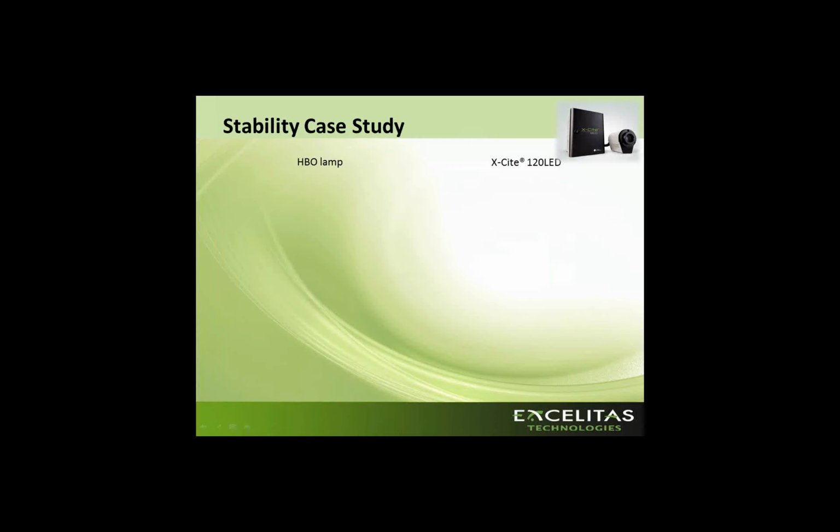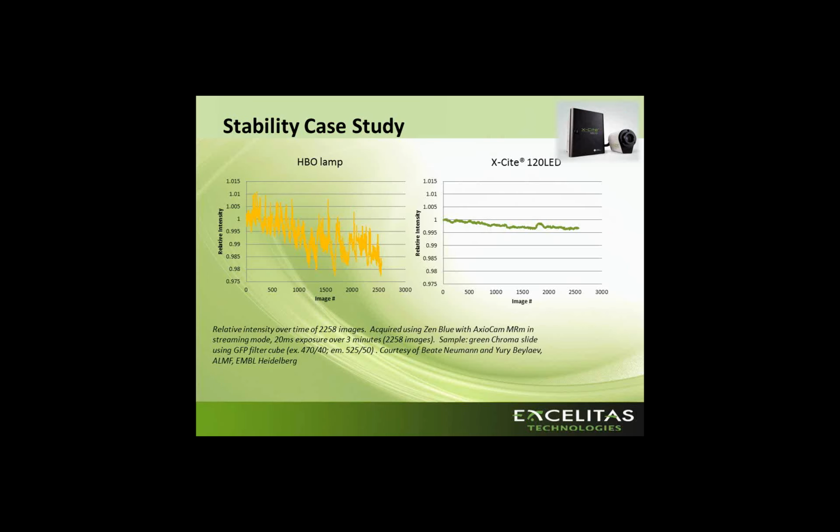So just to give you some real-life examples, here is a comparison between the HBO systems, on the left here, and one of our newer LED units. This was done by our collaborators at the EMBL in Germany. It's a green chroma slide. They used a GFP filter cube, and they acquired images at 20 millisecond exposures over 3 minutes.